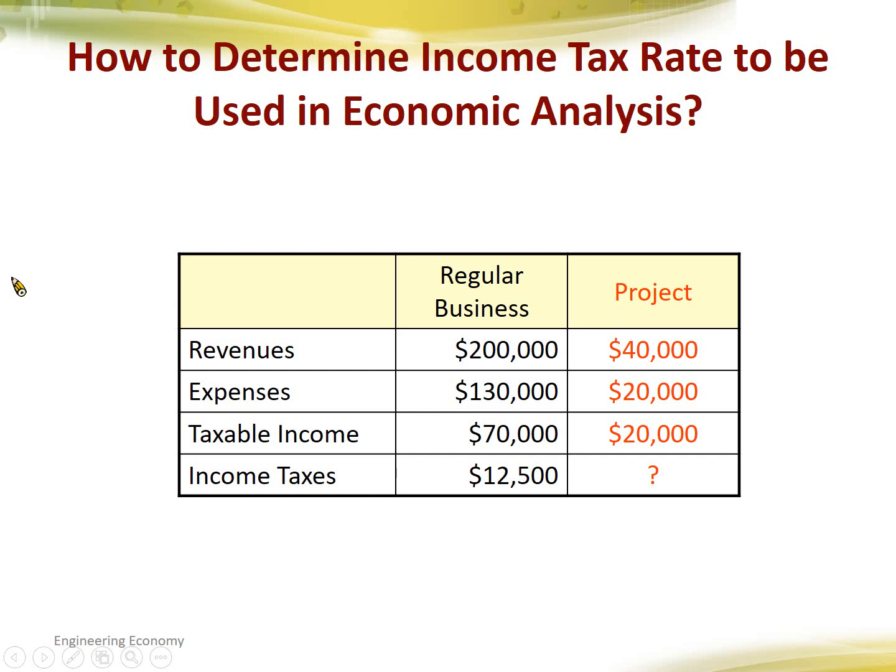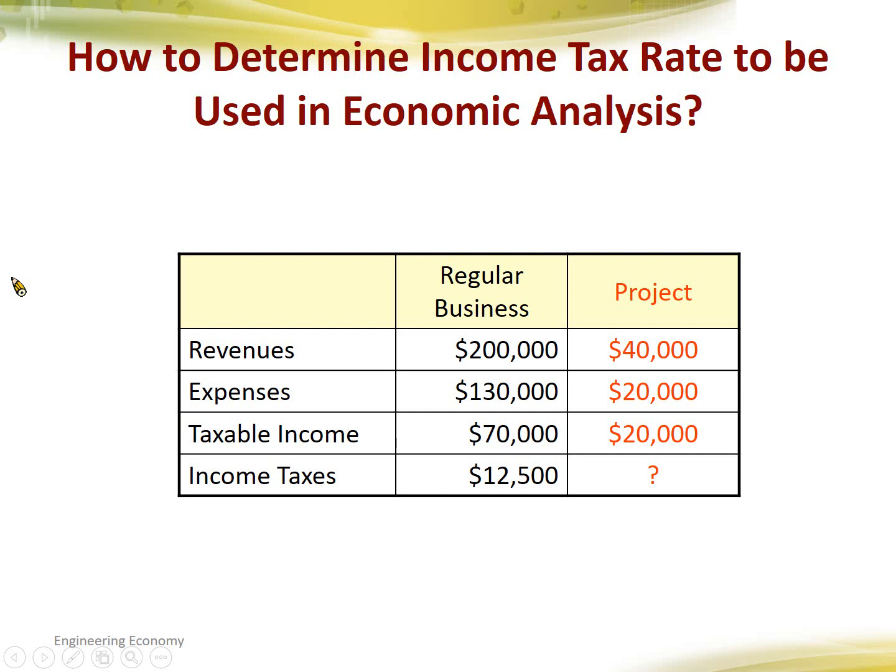For a company, their income tax is not for an individual project. It's the sum of all the projects. So you cannot just consider this income and its tax bracket and say that this is the income tax rate.